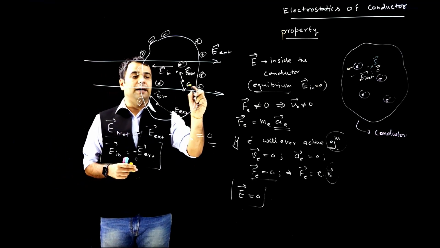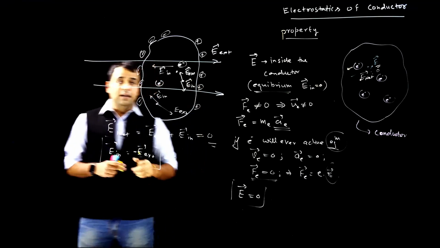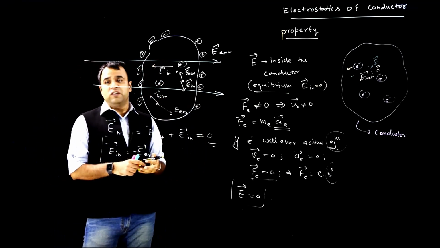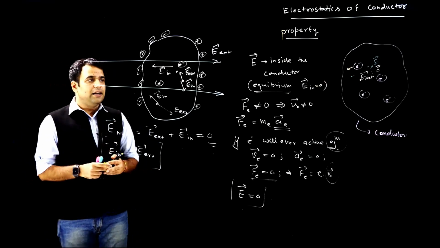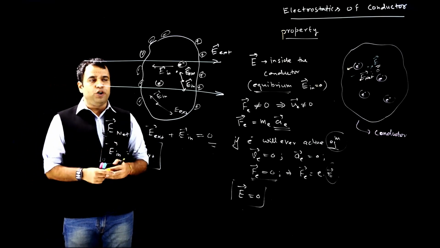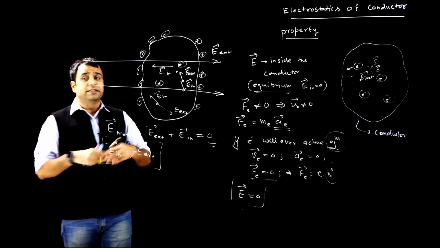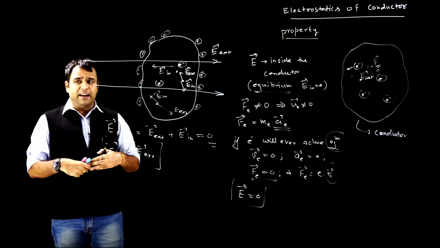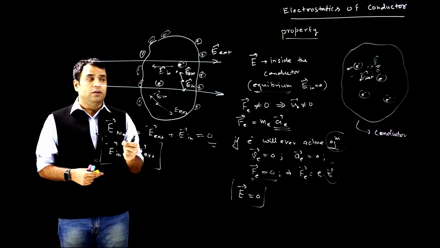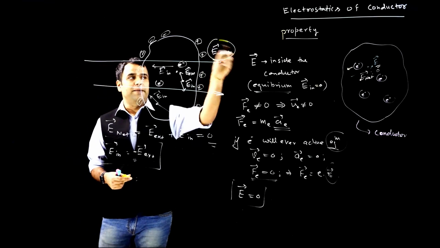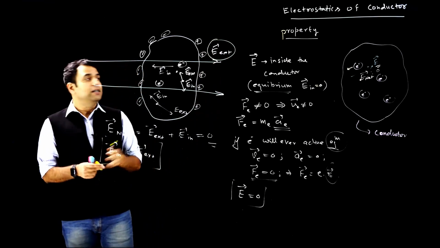So see, it's not a simple redistribution which will be happening. At equilibrium, the redistribution of electrons will be such that at each and every point, that redistribution will make the net electric field 0 by having its own electric field exactly opposite and equal in magnitude to the external electric field. And that's the physics behind this conductor.